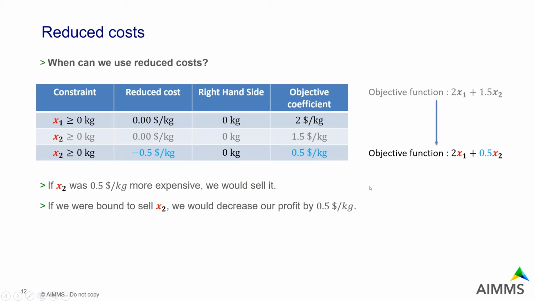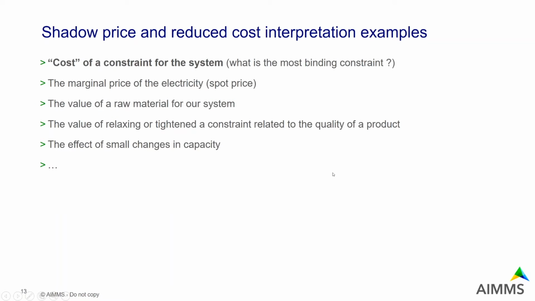So this was for the shadow price and reduced cost, and just for the purpose of the presentation, those are the normal interpretations of the shadow price and reduced cost. It depends on your model and your application domain, but here are some ideas on how we can use them. The basic idea of the shadow price and reduced cost is the cost of a constraint for the system.